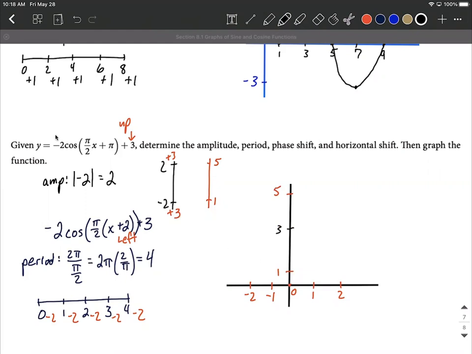So instead of starting at the top, it's going to start at the very bottom. In our case, that's going to be at -2, +1. It makes it to the middle at that next label. It makes it to the top in the middle at 0. Back down to the middle at 1. And then back to the bottom at 2.